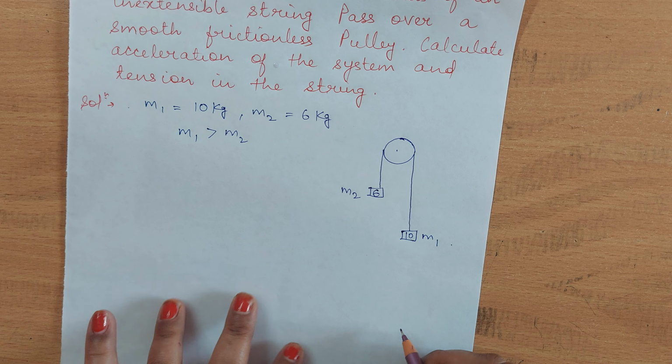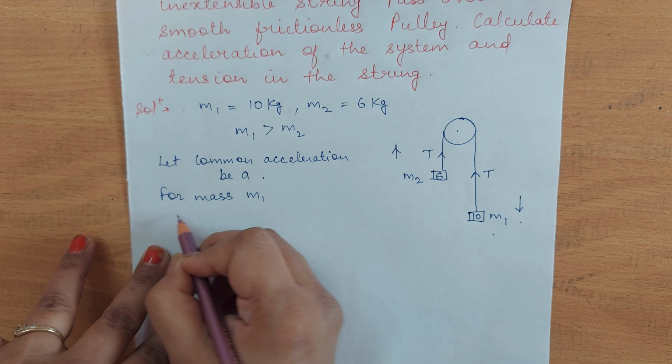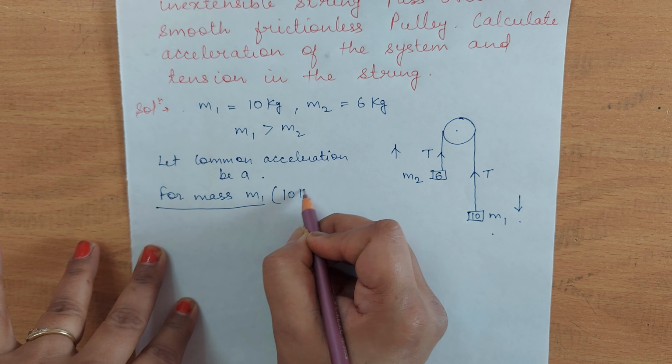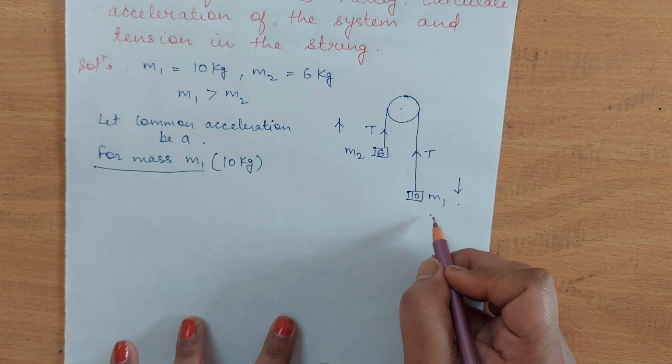So, for mass m1, which is of 10 kg, we can see in this figure that the forces acting on this mass m1 are the downward force, which is the weight m1g, and the tension T acting in the upward direction. Also there is an acceleration a, so the net downward force will be equal to m1a.